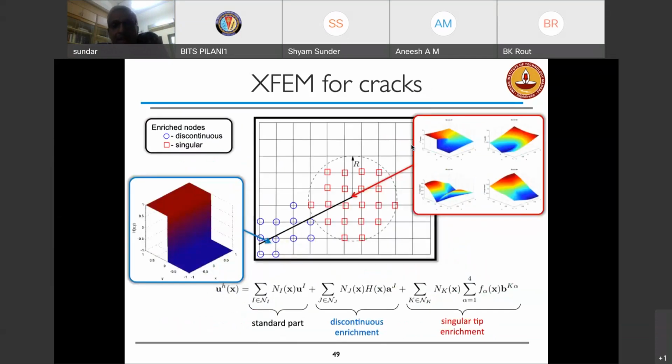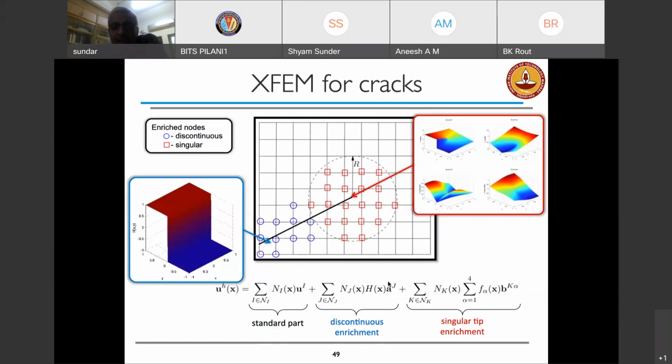So in terms of a crack, we know that a crack has two distinctive features. One is that at the crack tip, there is a singularity. And behind the crack tip, there is a jump in the displacement field. So with these two pieces of information, I take the standard approximation and add two parts to it.